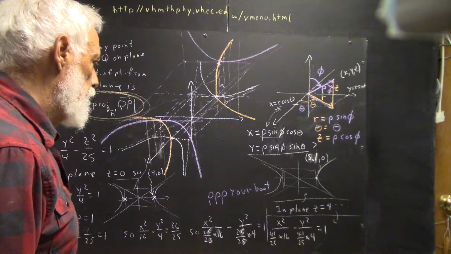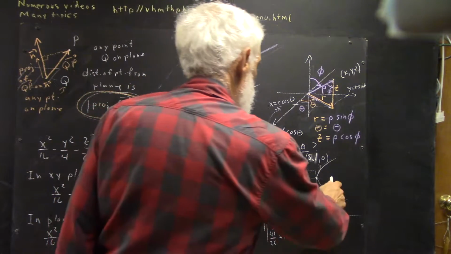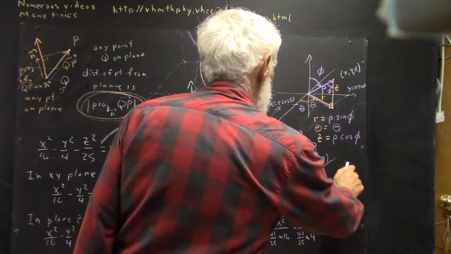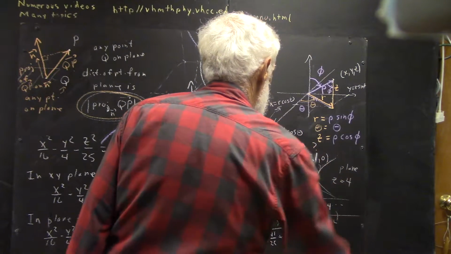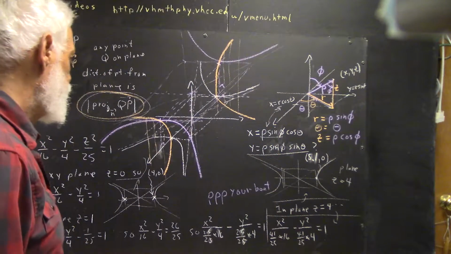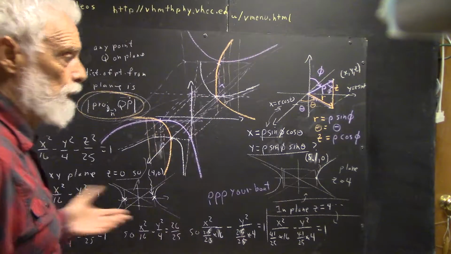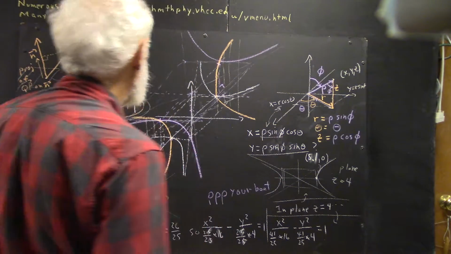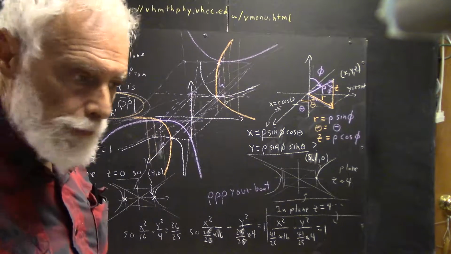Okay? So this is in the plane z equals 4. Now I don't really care in sketching it if we use 4.8 or 5.1, but 5.1 is a little more accurate.